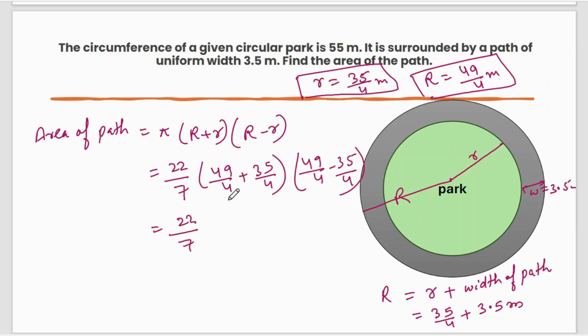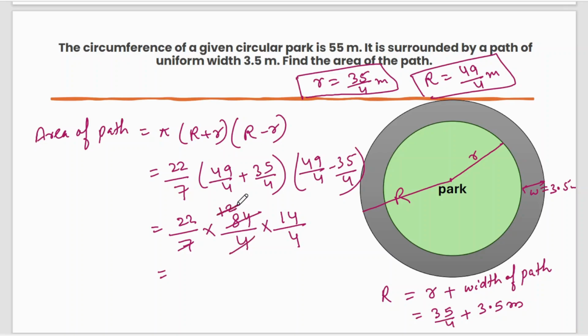If you solve this, you will get 84 by 4 into 14 by 4. Okay, now you can solve the question. We can cancel this by 12 times.